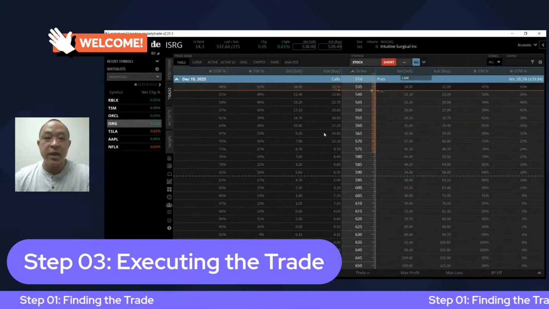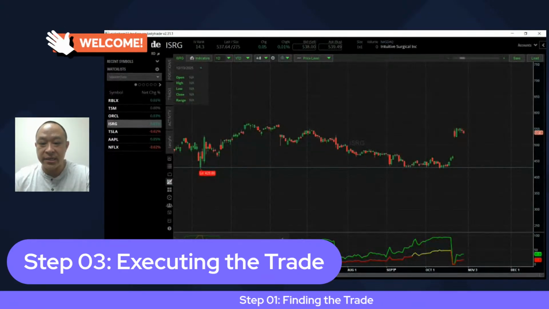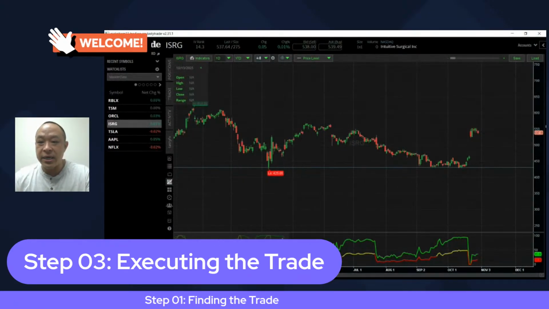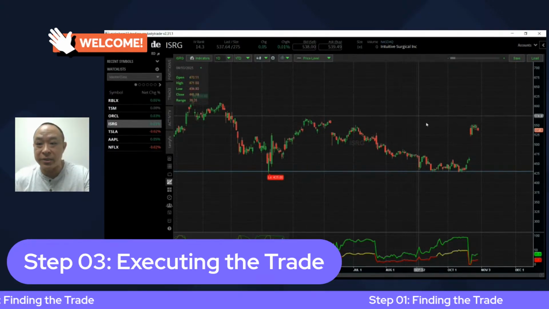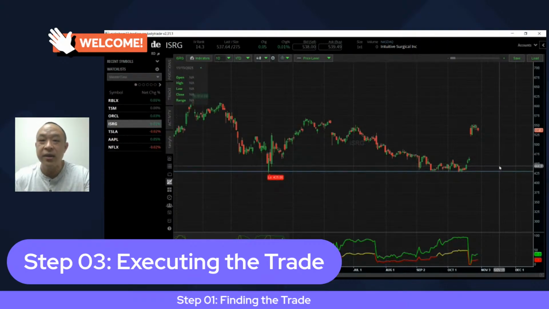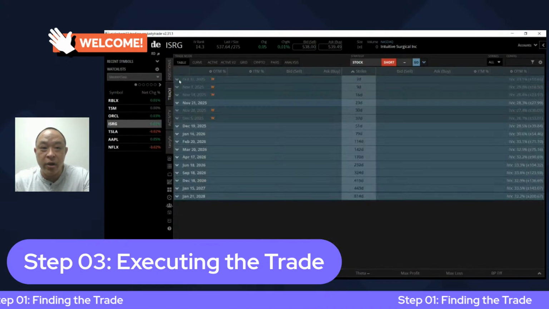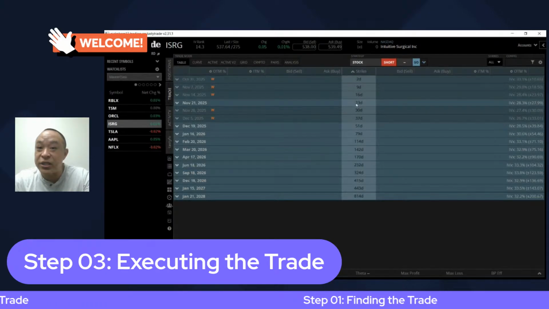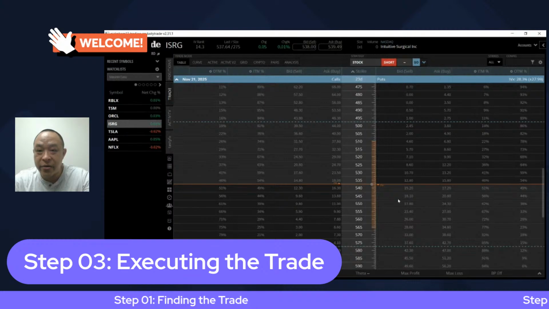So for example, let's just hypothetically say I think the stock is actually going to go back down. Let's just say we think it's going to hit resistance and we think it's going to go back down to, I don't know, 450, right? You can actually create a trade and say, okay, in the next 23 days, I think it's going to go down to 450.